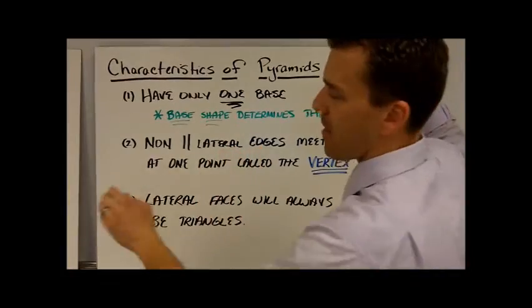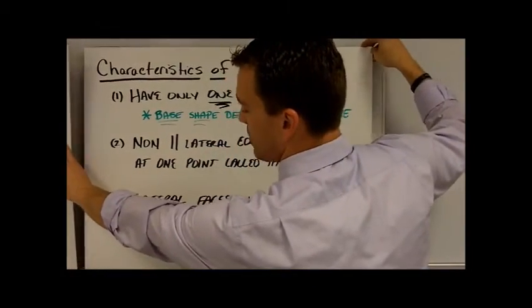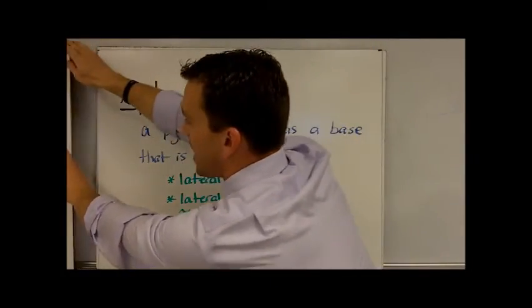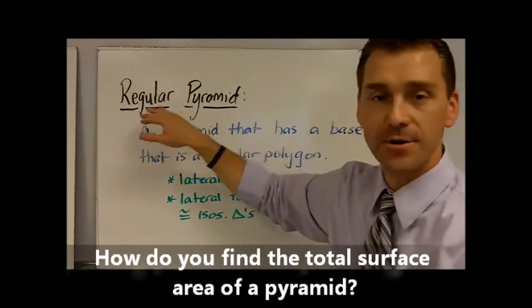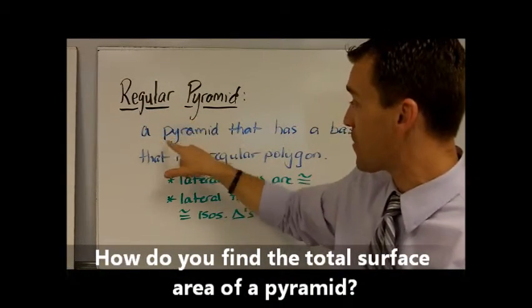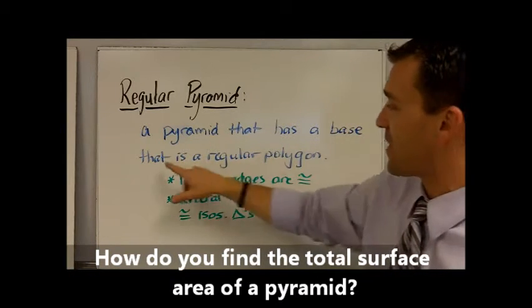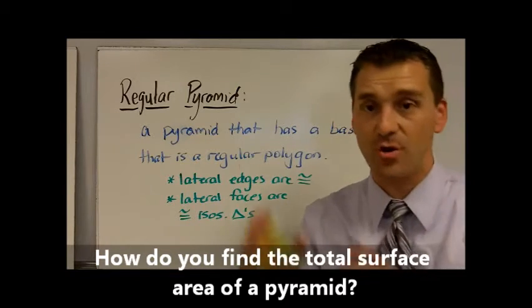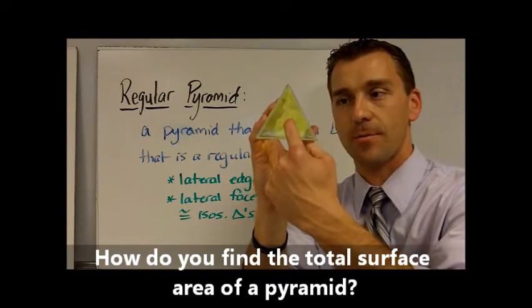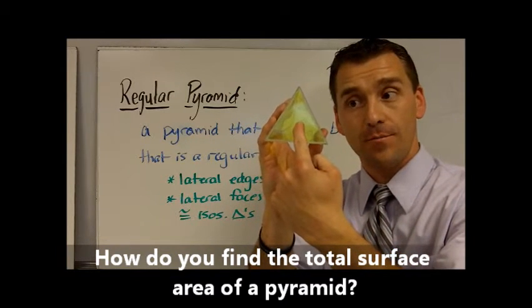Hey, one other thing you got to remember or know is this. In terms of the base shape, if it's a regular polygon, guys, then the actual pyramid is called a regular pyramid. So if the pyramid has a base that is a regular polygon, so for example, like the one I just had right here, this triangle, that was an equilateral triangle. A regular polygon.